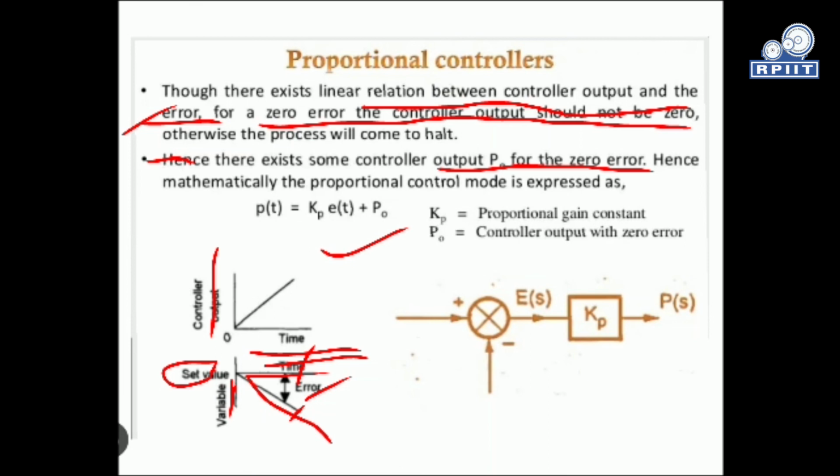Obviously, when the error is zero, we will get the desired response as per our reference input. This is the same concept we discussed earlier for the proportional controller. We put this p0 value additionally, because this is the output of the controller at zero error, so this should also be taken into consideration.